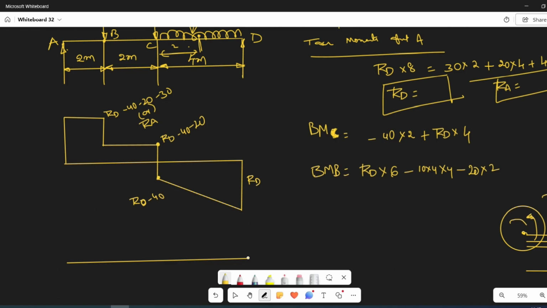By the way, this is a parabolic curve up to point C, like this.